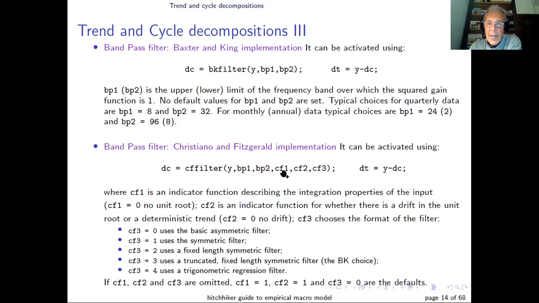So CF1 tells the filter whether the time series that you are considering is difference stationary or trend stationary. So if CF1 is equal to 0, you have no unit root. CF2 is an indicator for a drift. So if you have CF2 equal to 0, there is no drift. And CF3 chooses the format of the filter, where you have 5 options available.